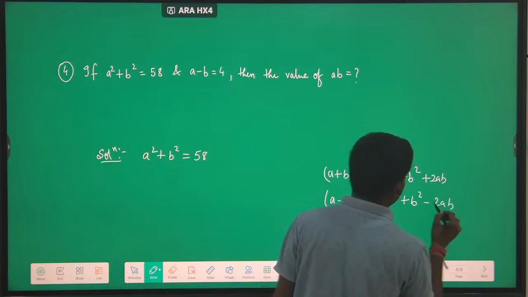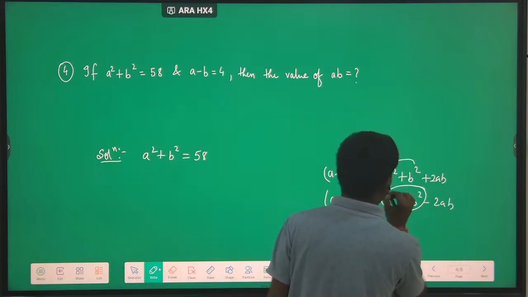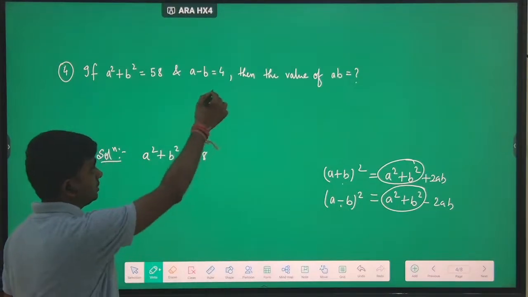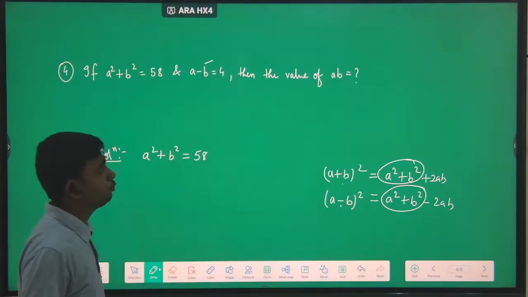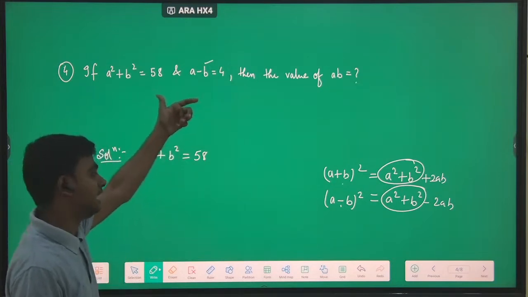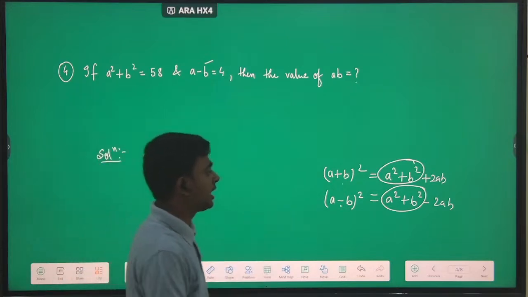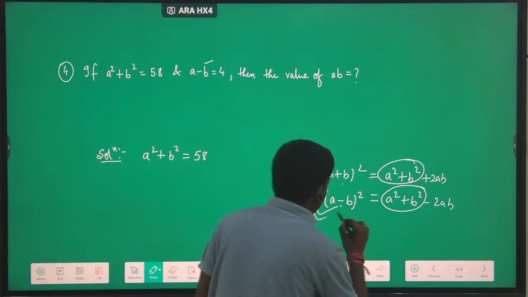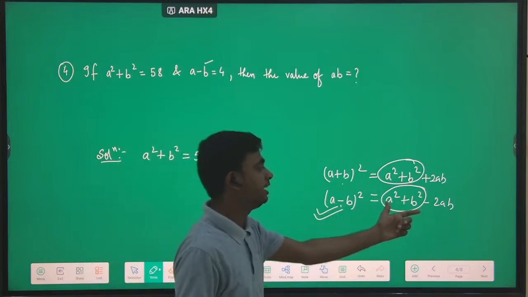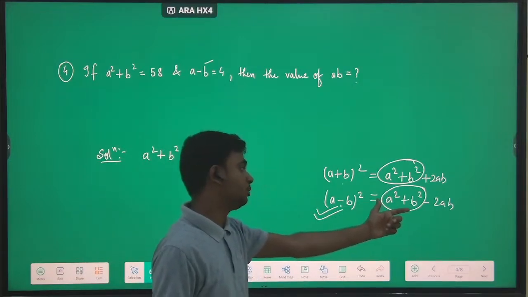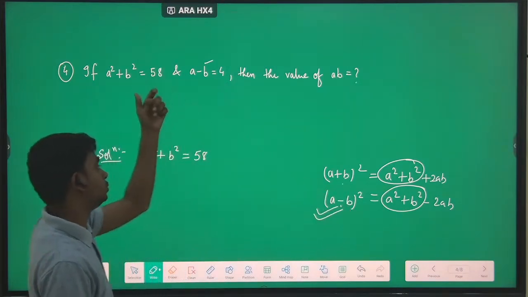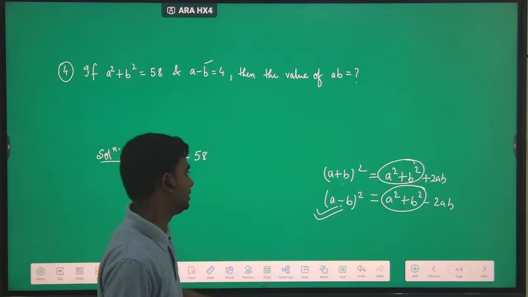So a square plus b square comes in both these identities. The value of a minus b is equal to 4 is given. So we got a rough idea of which identity to use. We are going to use the identity with a minus b, because a minus b is given in our question. So we will use this identity.